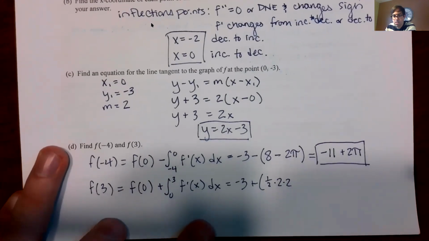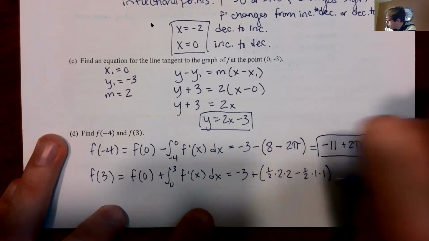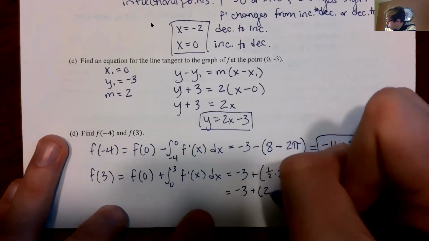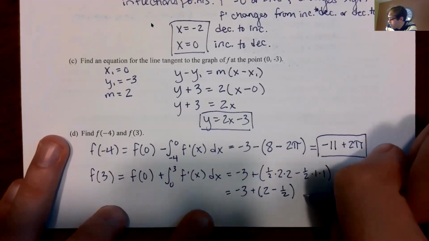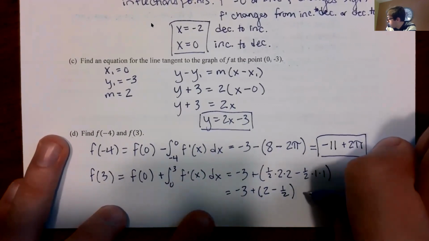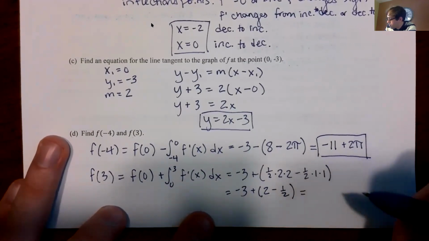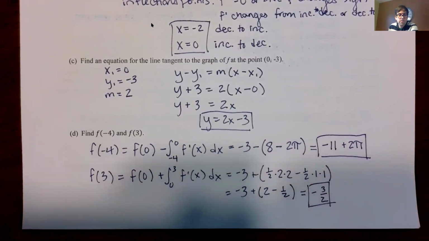So we're going to subtract that triangle, which is 1/2 times 1 times 1. And so we'll get -3 plus 2 minus 1/2, which is going to end up as -3 plus 3/2, which will be -3/2. And there's our two answers.